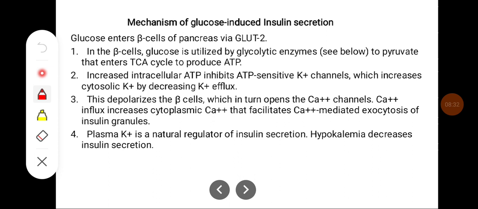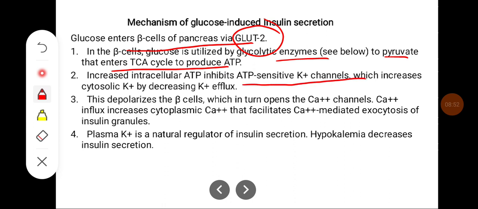Mechanism of glucose induced insulin secretion. The glucose enters the beta cells of the pancreas via GLUT2. In the beta cells, glucose is utilized by glycolytic enzymes to pyruvate that enters the TCA cycle to produce ATP. Increased intracellular ATP inhibits ATP sensitive potassium channels, which increases the cytosolic potassium by decreasing potassium efflux.